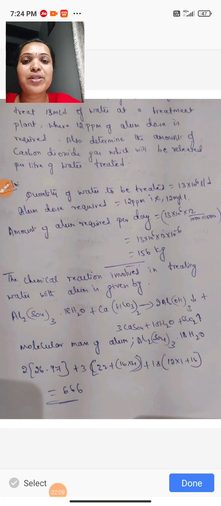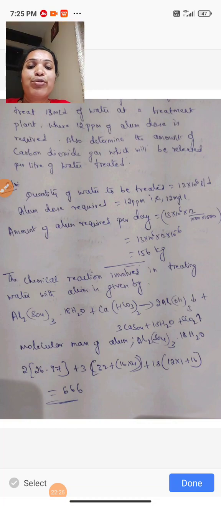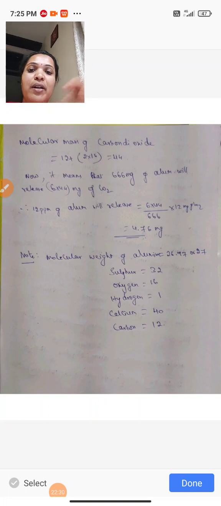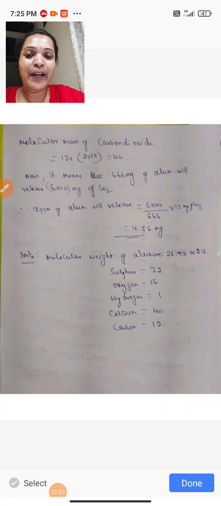For that, the quantity of alum required is 156 kg to treat the 13 million liters of water. Next, to determine the amount of carbon dioxide released per liter of water, that should be calculated with this formula. Before that we should remember the chemical reaction as well as the molecular weights.